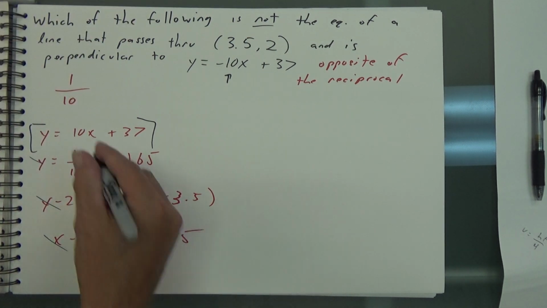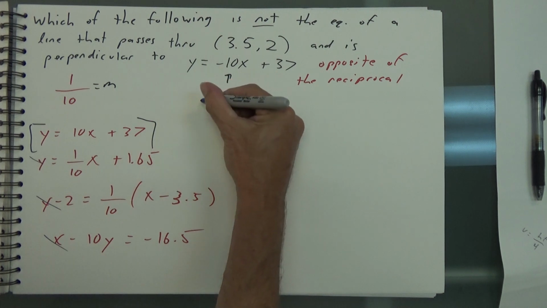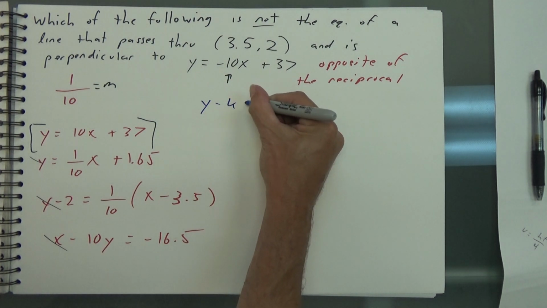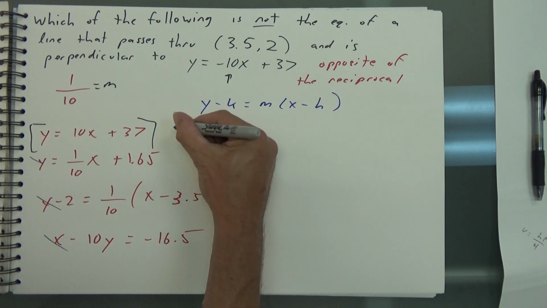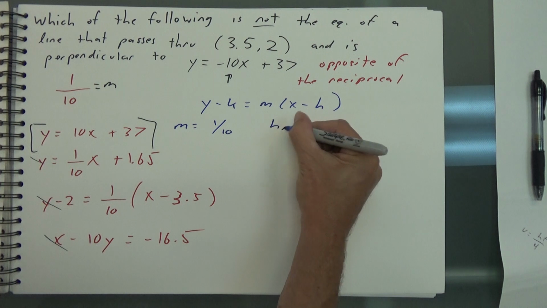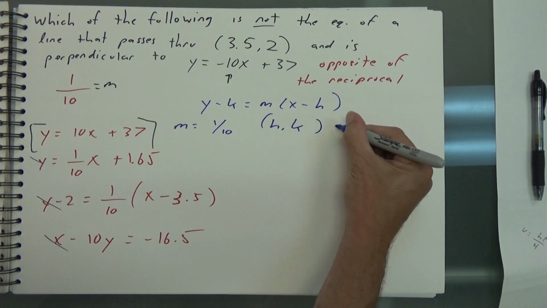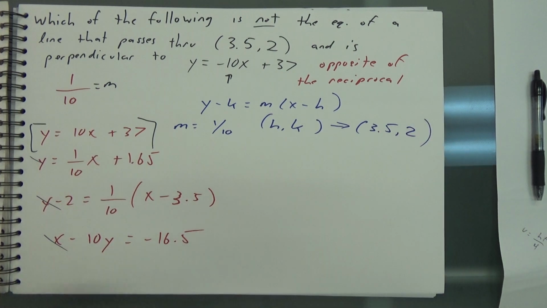But once we have this as m, at least in point slope form, write out, right? y minus k is equal to m times x minus h, m is equal to 1/10, and (h, k) is (3.5, 2).